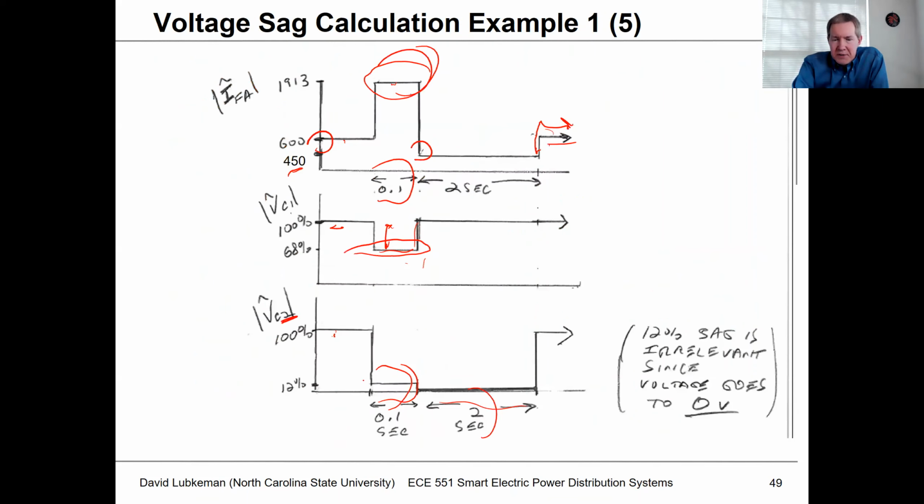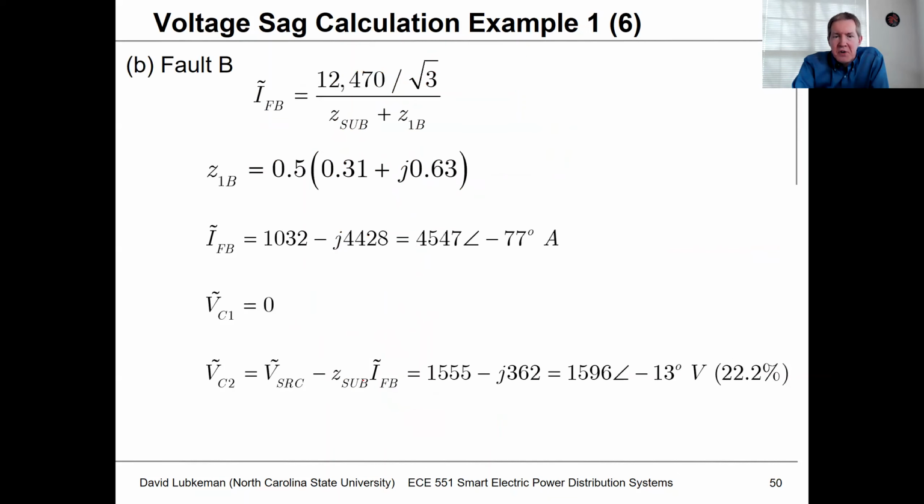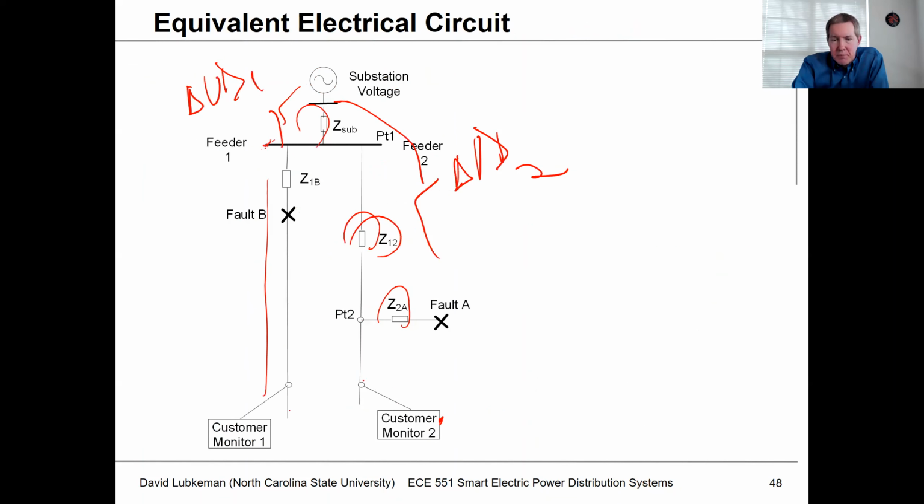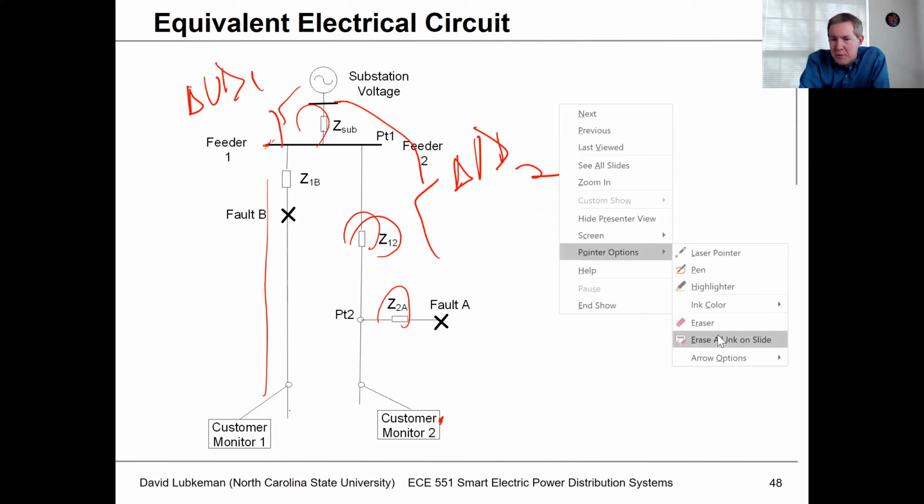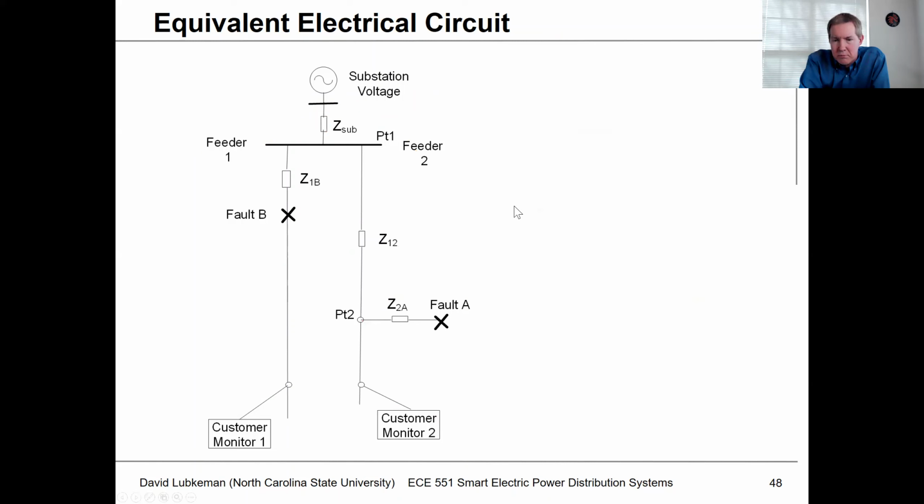Now, on the other event, if we have the fault at location B, then the path's a little bit different. And so in the case of that other location, we're going to have fault current going through here.